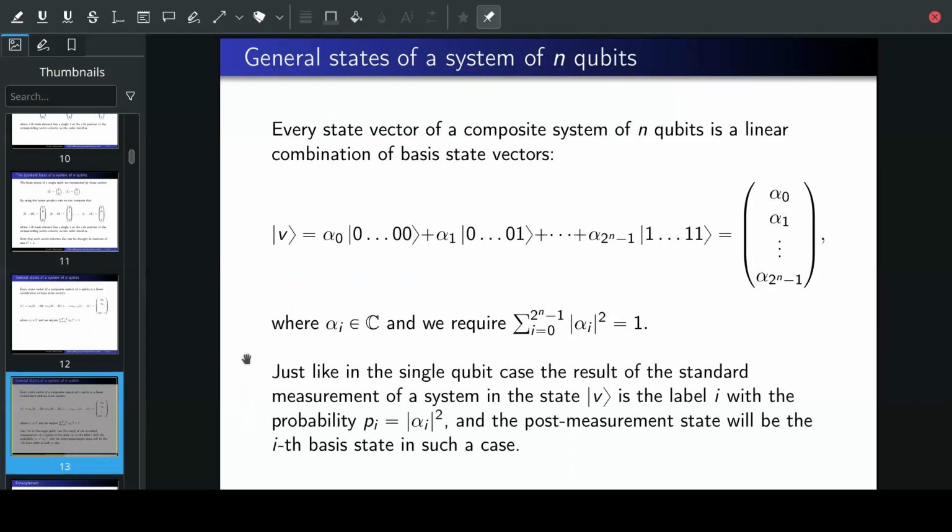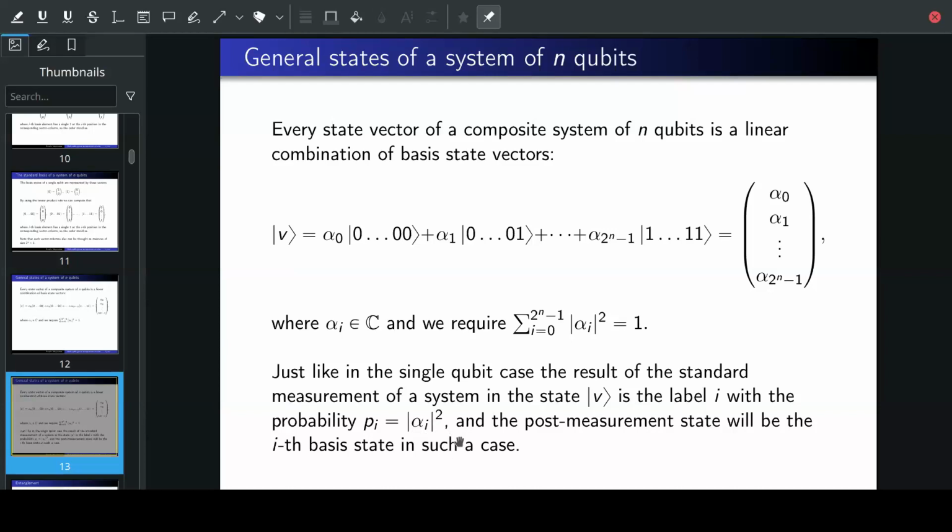And just like in the single qubit case, the result of the standard measurement of a system in this state will be the label i with the probability p_i equals modulus alpha_i squared.